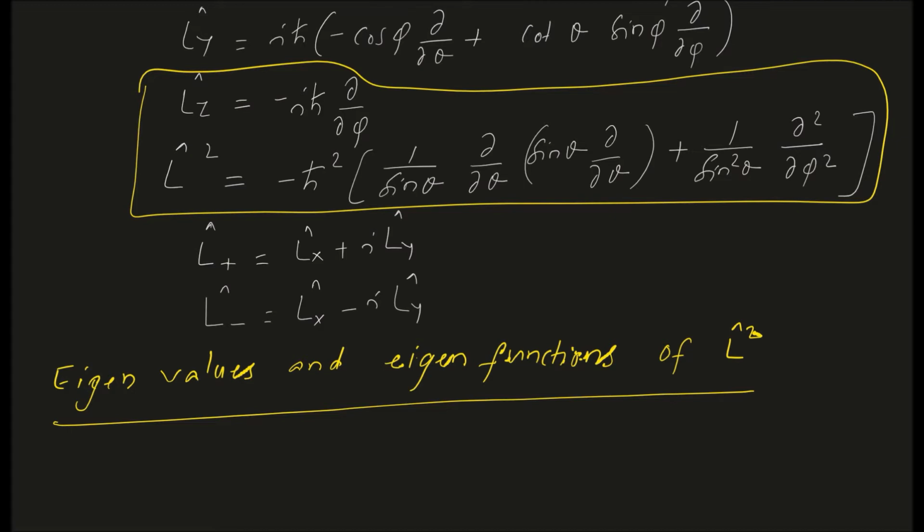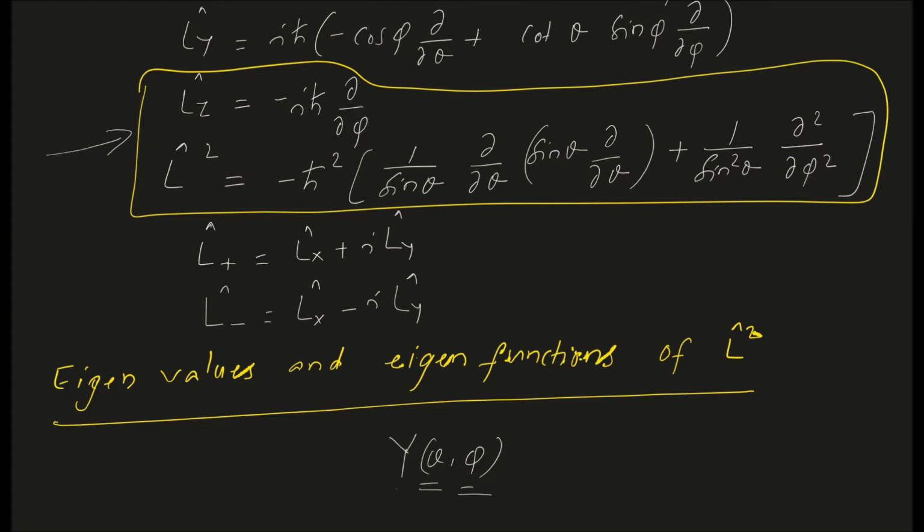Therefore we expect their eigenstates depend only on theta and phi, and we denote this common eigenstate as Y theta phi, the common eigenstate of Lz and L square, because we expect that the eigenfunction should depend only on theta and phi, because there are no r dependent terms in the expressions for Lz or L square.